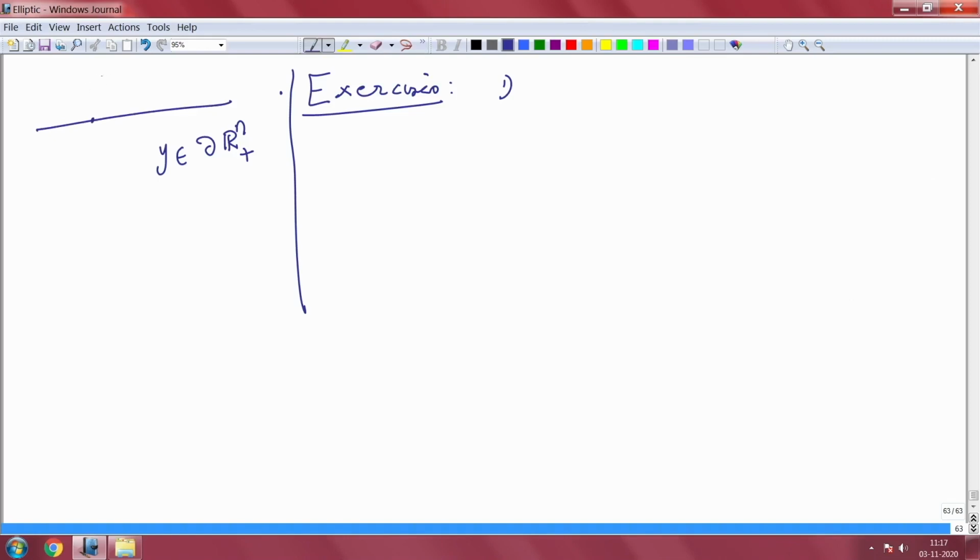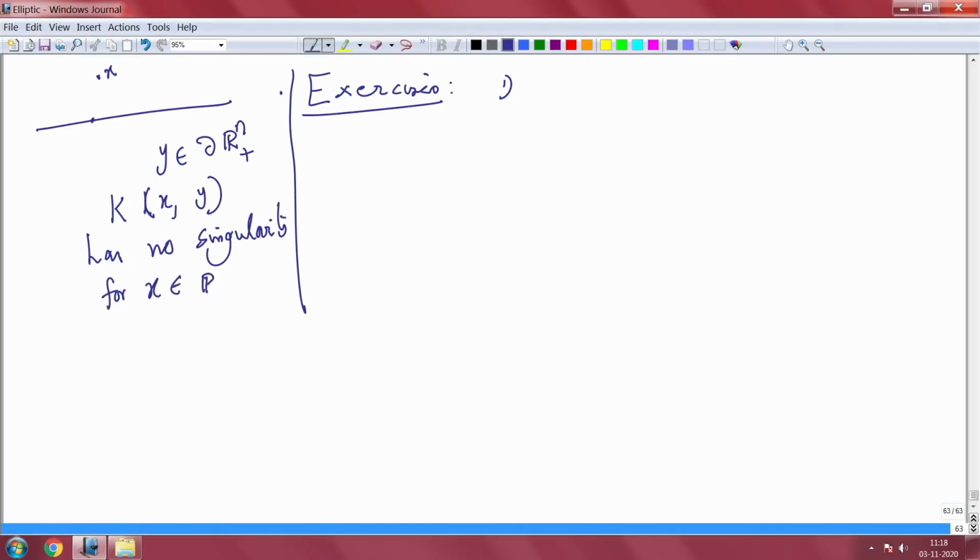If x is here, x minus y, so y is on the boundary, k of x y has no singularity for x in R n plus.